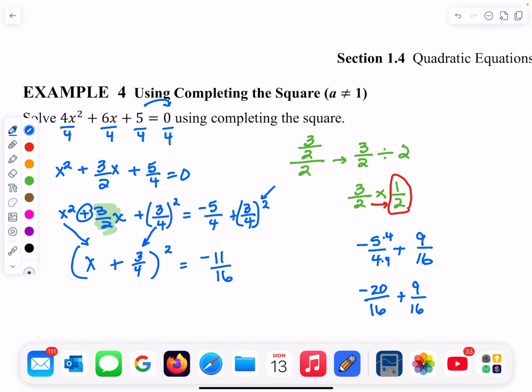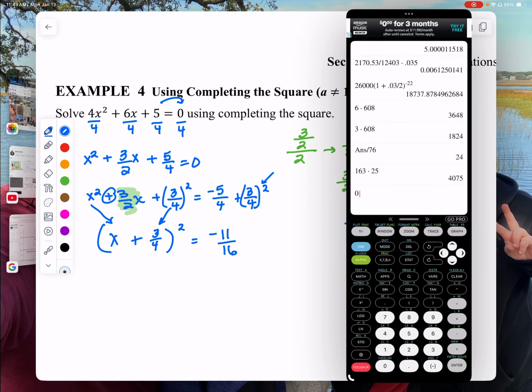Let's see if I have it up here. Yeah, so I could just plug it into my calculator. If you pull out your calculator, you could just put -5 divided by 4 plus 3 divided by 4 squared. That's probably not going to work. We're going to have to put that 3/4 in parentheses, squared. Let's go back. It's not liking me.